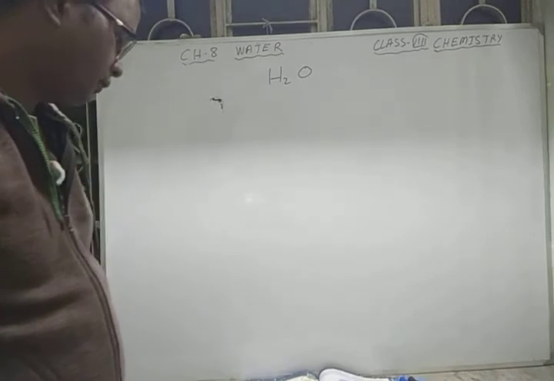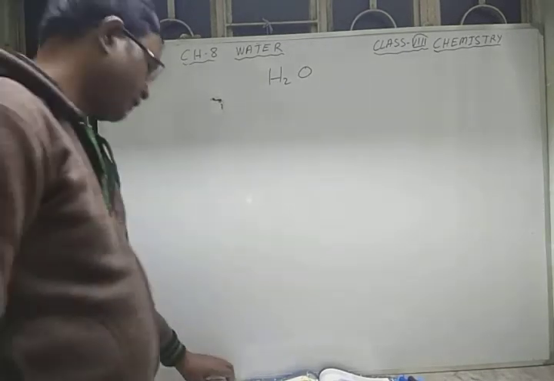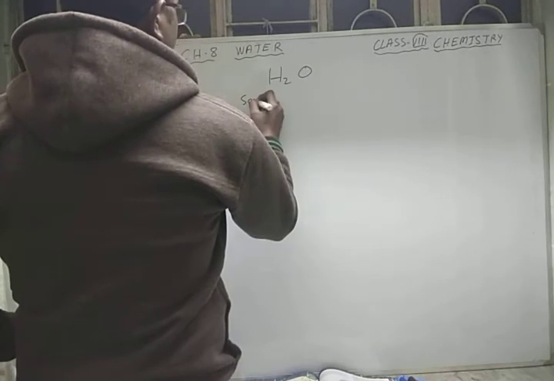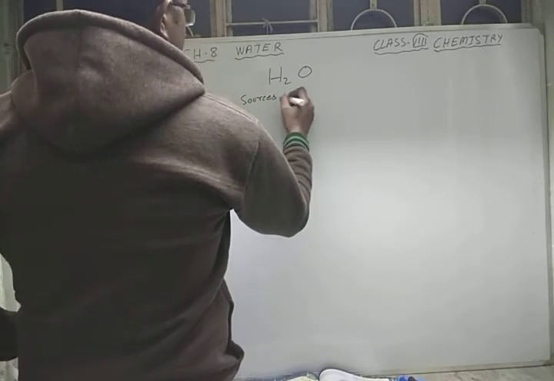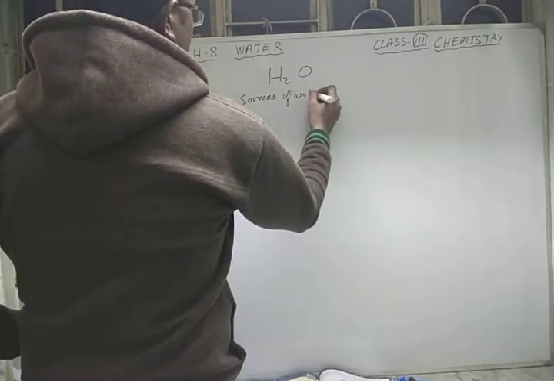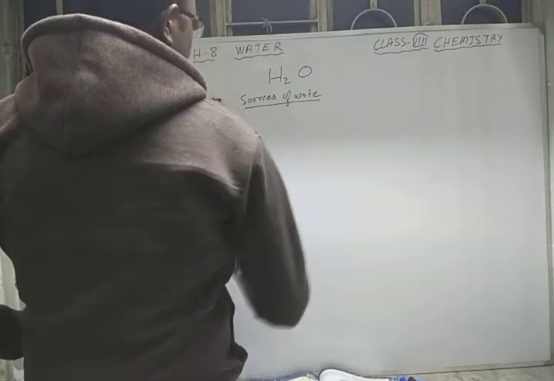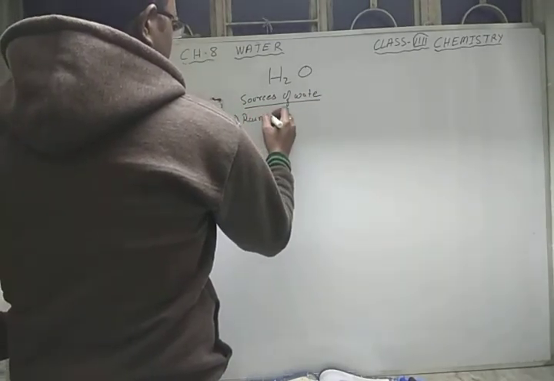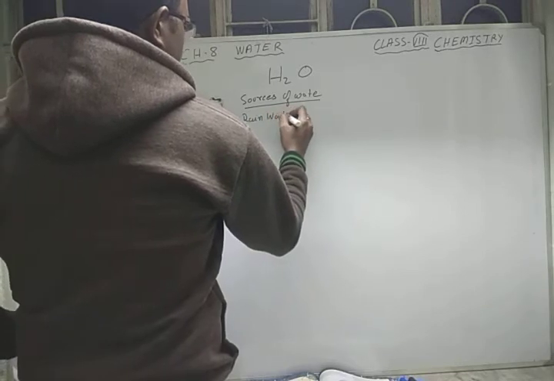And you also know the main sources of water. What are the main sources of water? First is rainwater. As you all know, it is the purest form of water.